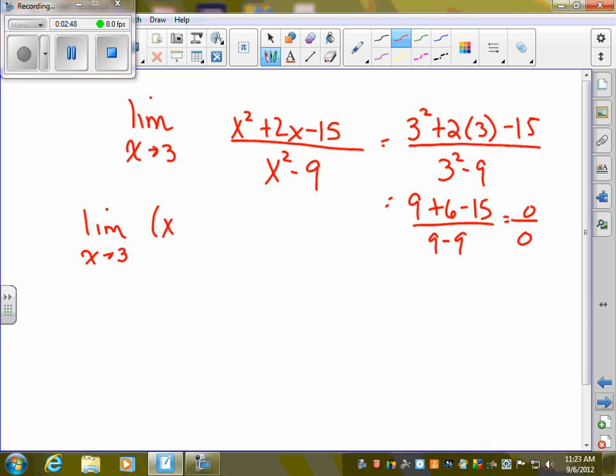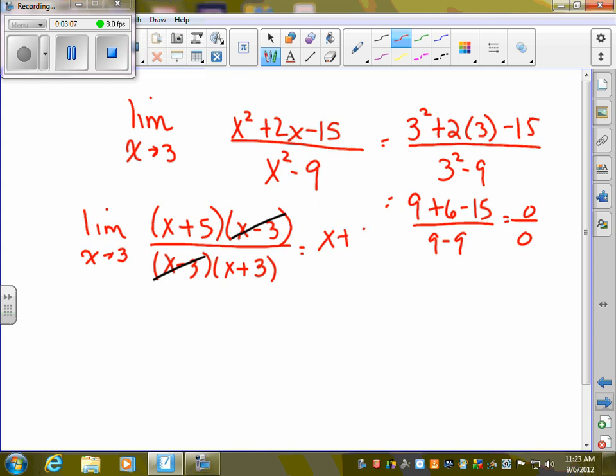Factor that to x plus 5, x minus 3. And on the bottom, we'll factor to x minus 3, x plus 3. Now, the x minus 3's will cancel, and we're left with x plus 5 over x plus 3.